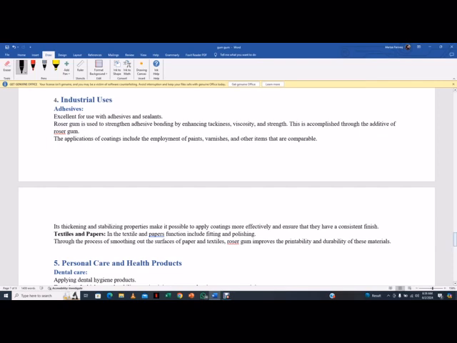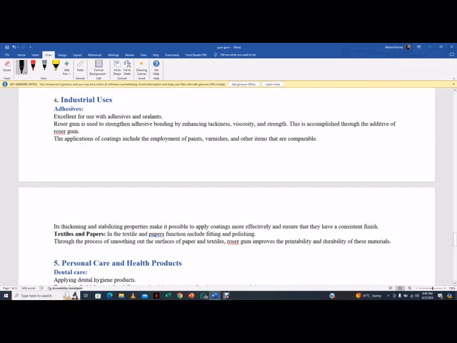Beyond food and pharmaceutical, roser gum also has several industrial applications. It is used in adhesives to enhance the bond strength and increase the viscosity and tackiness. Talking about coatings like paints and varnishes, it improves the application and ensures a uniform finish.